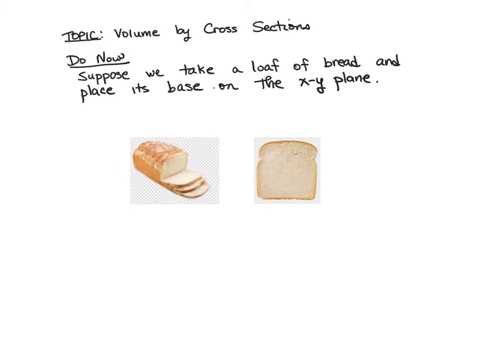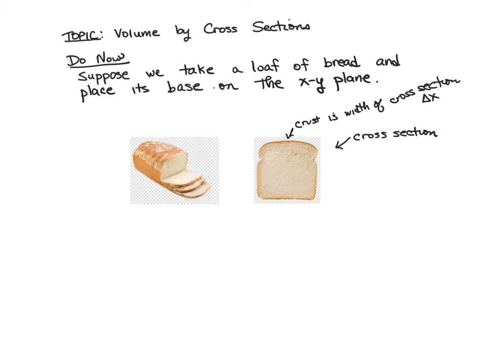We call this outer piece the cross section. The crust of the bread is going to be the width of the cross section. Depending on how wide the crust is, we'll call that delta x.